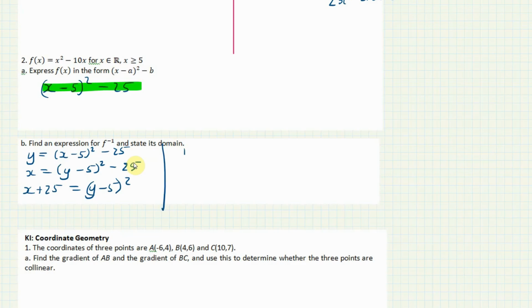I'm going to take the plus or minus the square root of x plus 25 is equal to y minus 5, and then last line, well, second to last line, y equals 5 plus or minus the square root of x plus 25. Now we've got to determine at this point what we want. Do we want a plus or a minus before we write it in function notation? You can't have both because that wouldn't be a function.